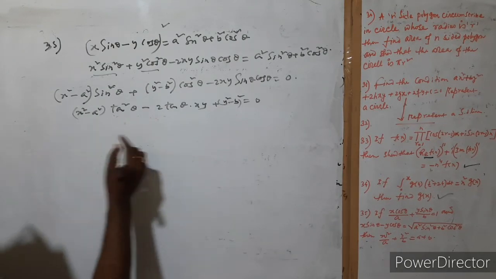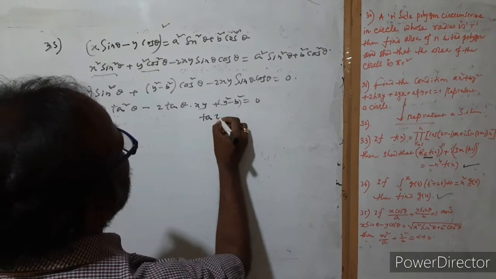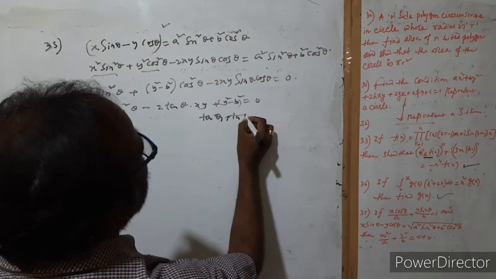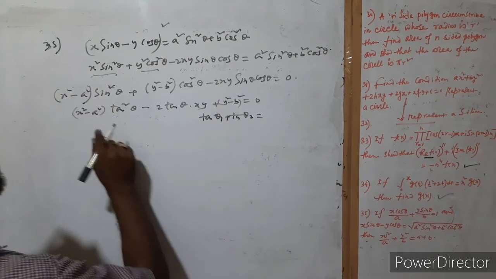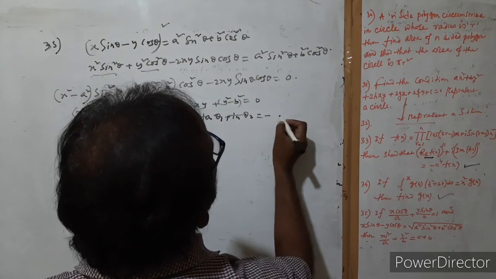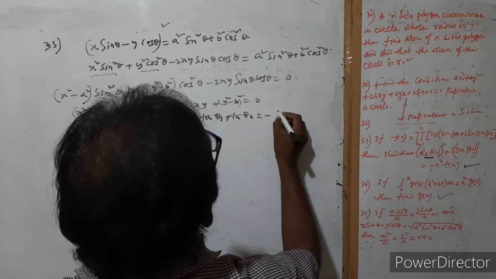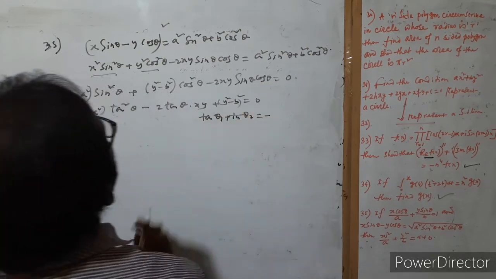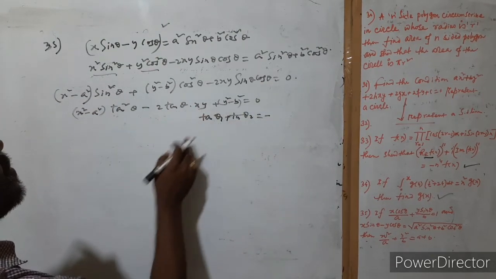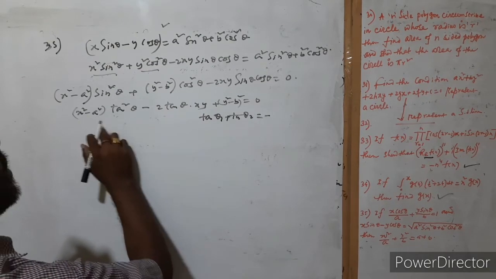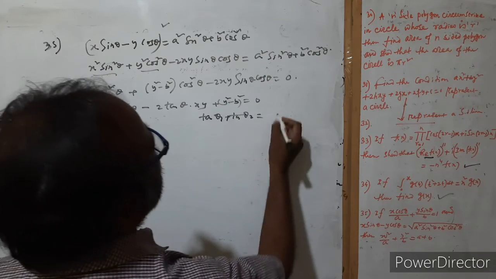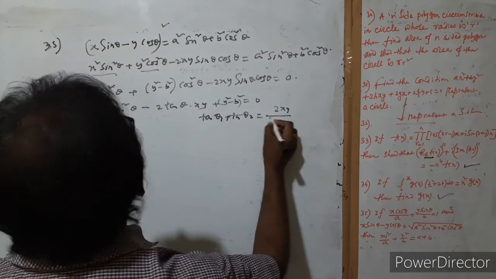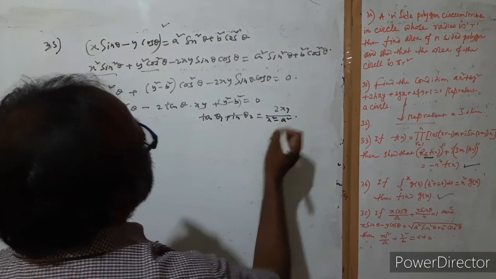So the sum of these two roots, you can write here, tan theta 1 plus tan theta 2 is equal to minus b by a. Sorry, a b c. This is minus b by a, and this is twice xy by x square minus a square.